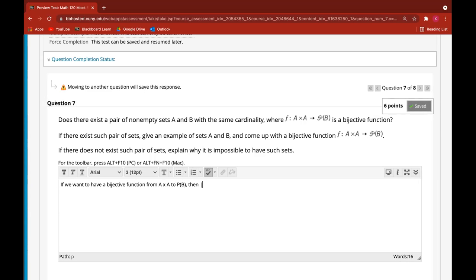Now to find a bijective function from A cross A to the power set of B, we know the cardinality of A cross A needs to equal the cardinality of the power set of B.